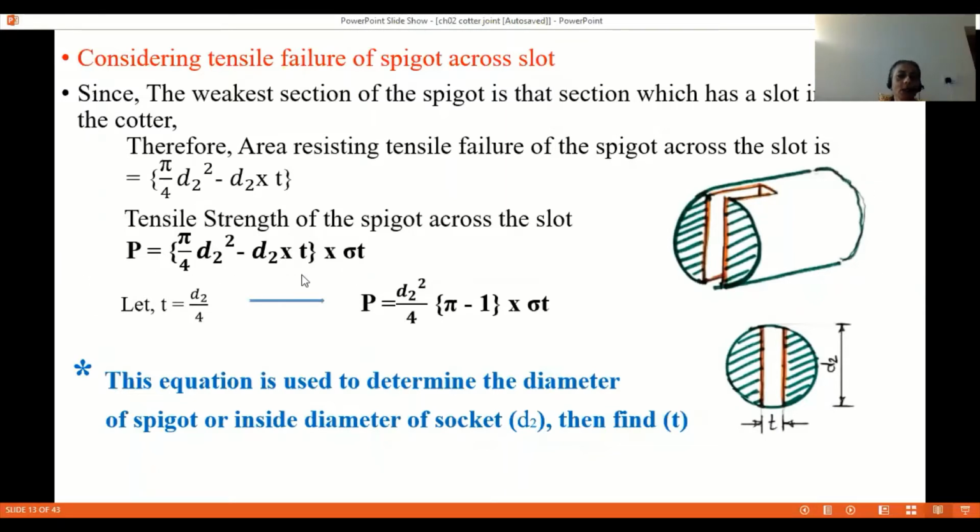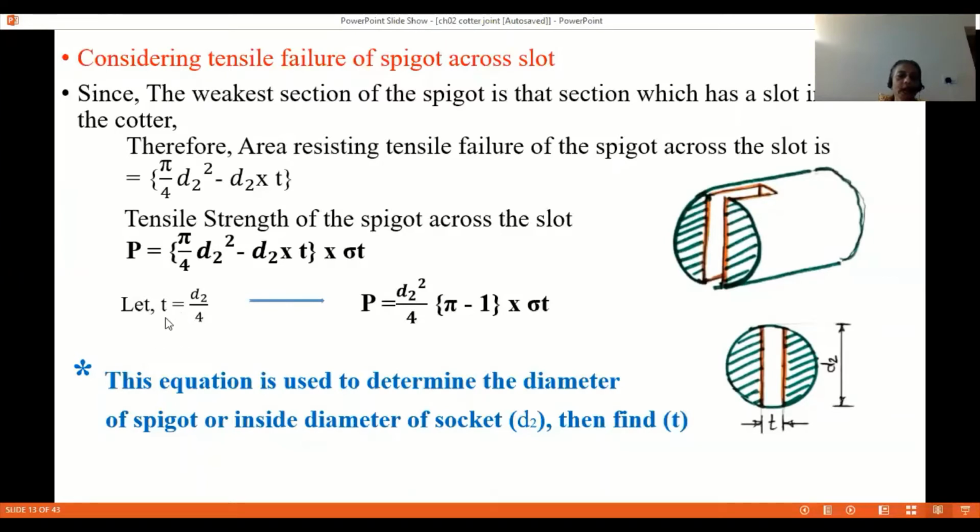Now in this equation, we have two unknown parameters, d2 and t. From one equation, we can't find two unknowns. So we will use an empirical relationship between the thickness of the cotter and the diameter of the spigot.